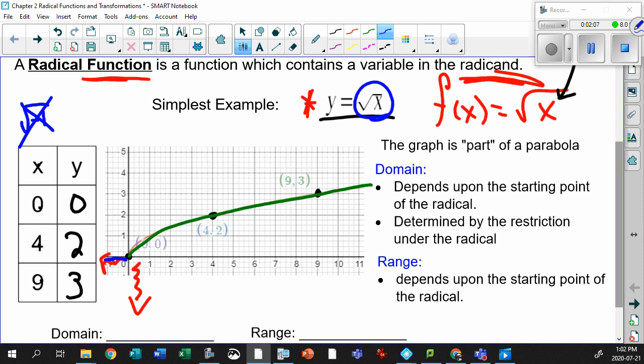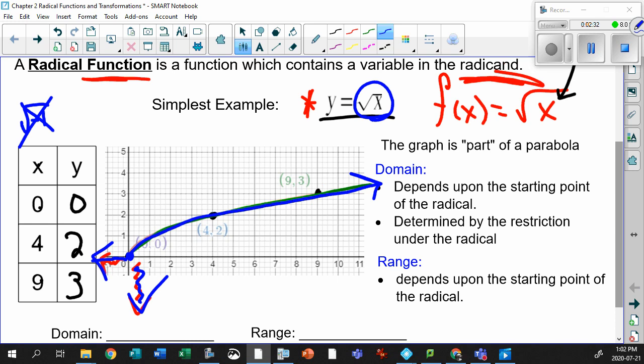That's why there's no negatives. Also, once you take a square root of something, it can't be negative either. So there's no negatives in the y either. So it starts currently on the 0, 0, giving you the general shape of this little arc like this, right? And it's going out in that direction positively.